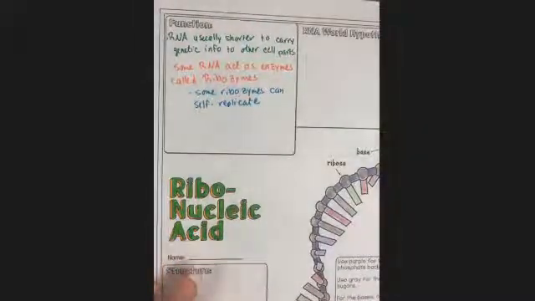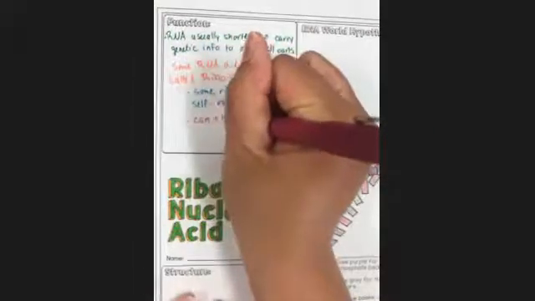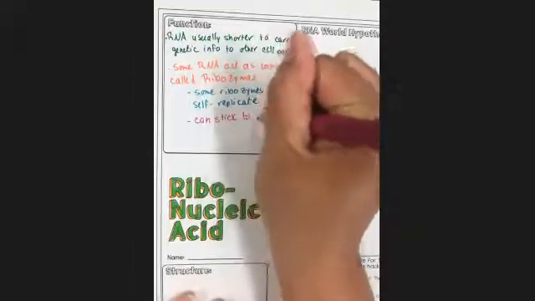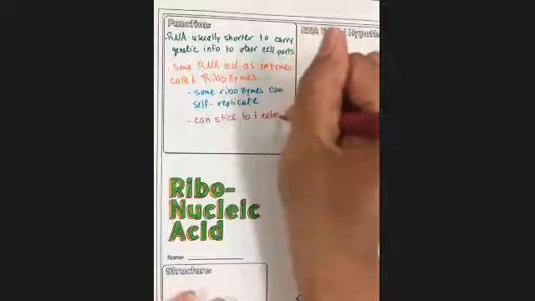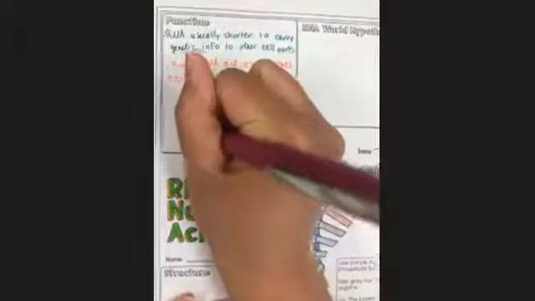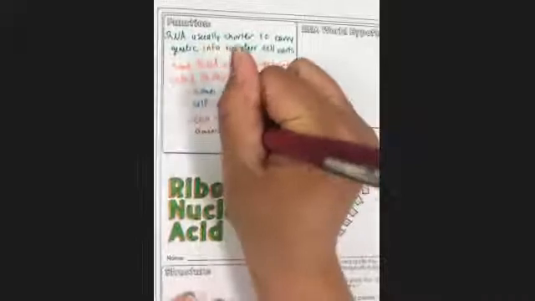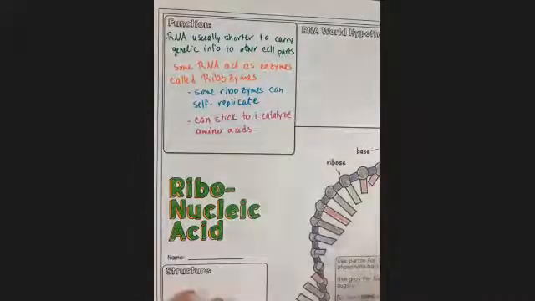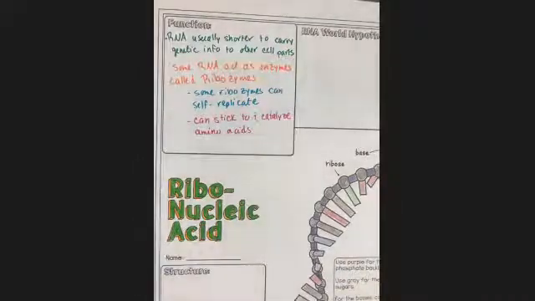And additionally, some of them can stick to amino acids, and so that helps catalyze any type of amino acid reaction. So that's something that's really important with RNA. You just need to keep that in mind.